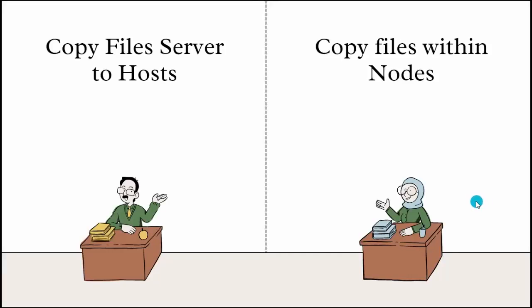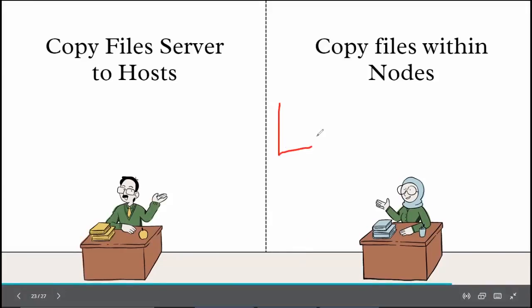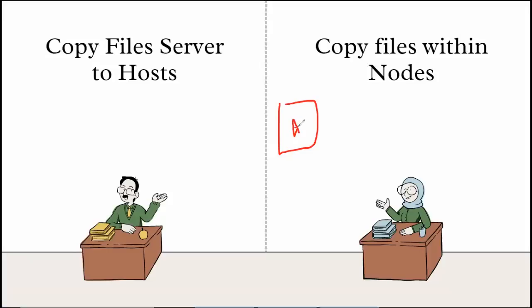And another scenario is copying files in each node. Basically, I have my Ansible server, right? And I have a lot of Ansible clients. The concept is, if I execute the playbook, the file is going to be copied from here to here within node 1, from here to here within node 2, from here to here within node 3.